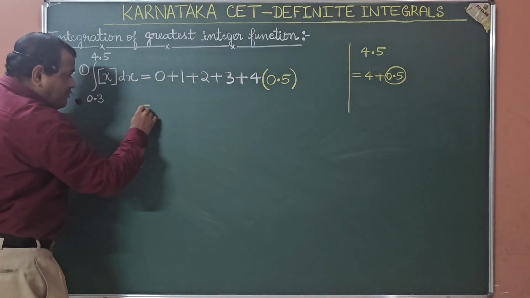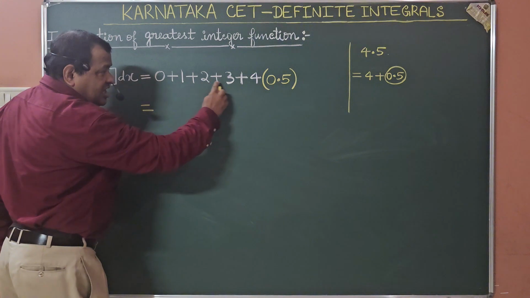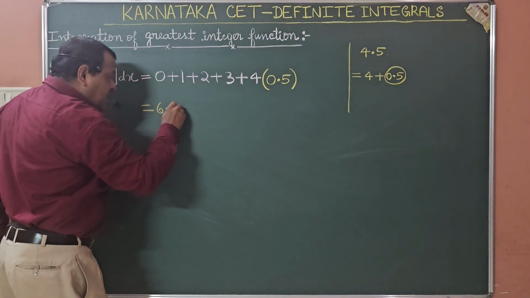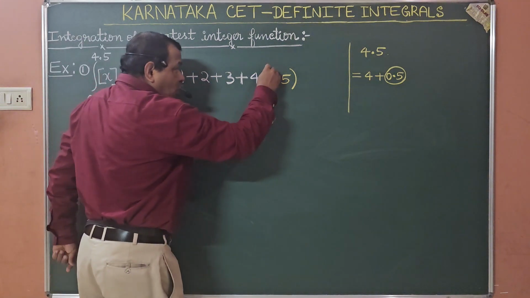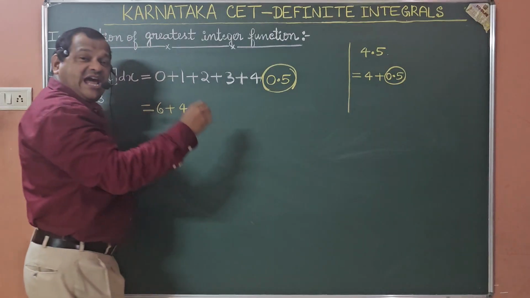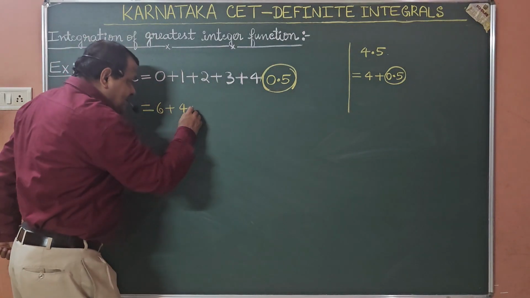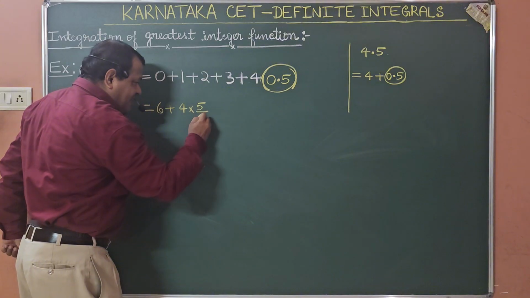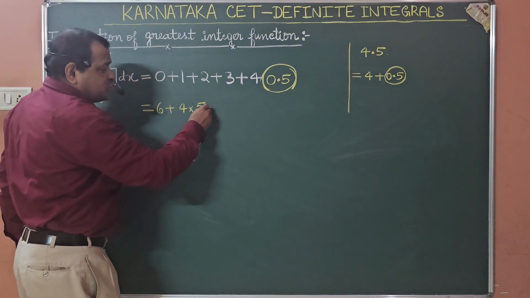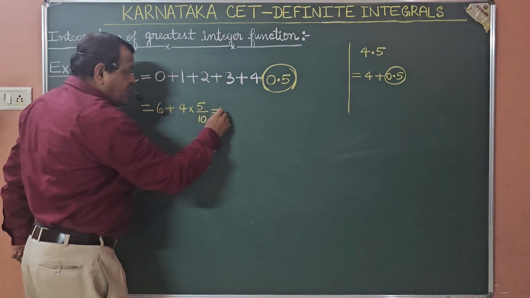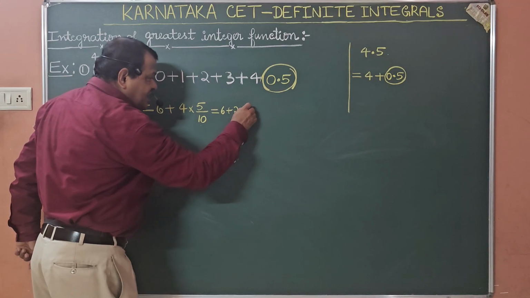Therefore, this sum becomes 1 plus 2, 3 plus 3, 6 here, plus 4 into 0.5. We can write directly 1 by 2, or you can write 5 by 10. Okay, I will write 5 by 10. And thus it becomes 20 by 10, which is 2. Therefore, the final answer is 8.